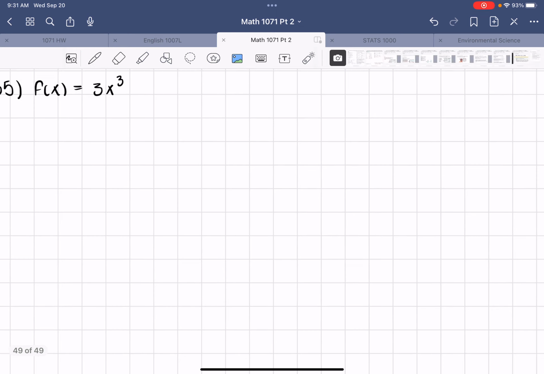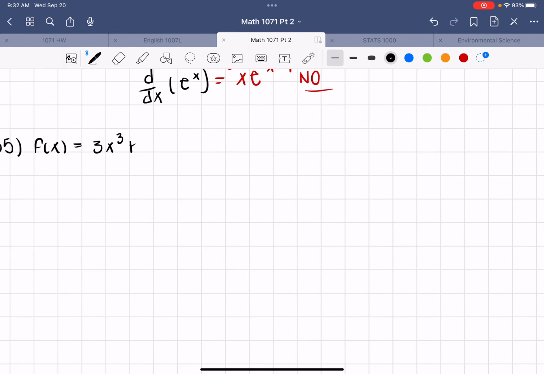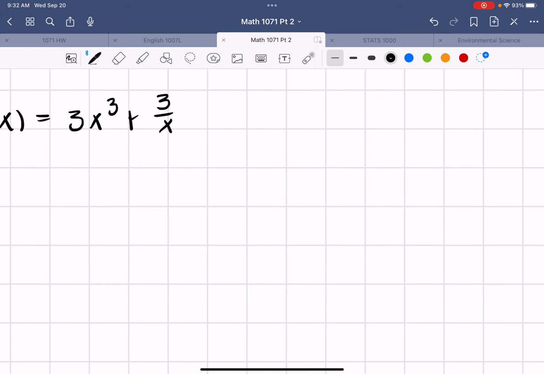It's 3x cubed plus 3 over x cubed. This is a good problem because this pattern and this pattern are a little different.